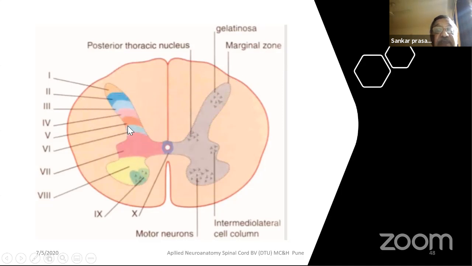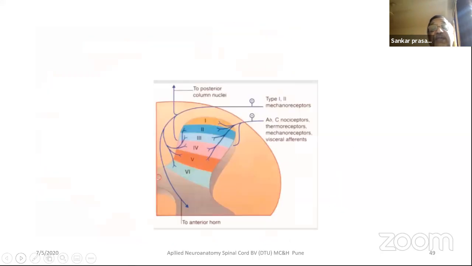Apart from that, this is Clarke's column of neurons, and as I said, there are some propriospinal neurons which give rise to short axons, intermediate axons, and long axons, forming propriospinal connections between neighboring spinal cord segments, and that's very important.